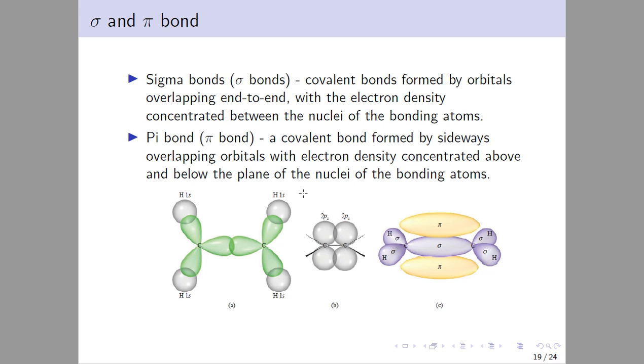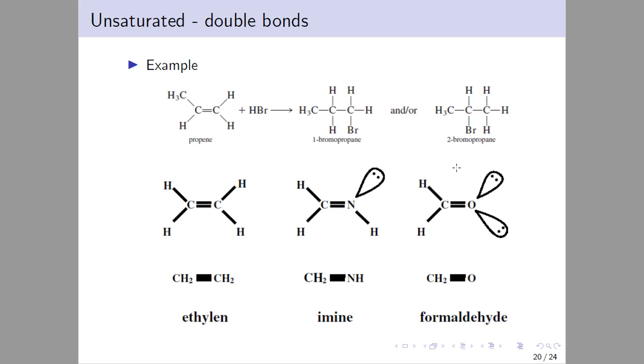And also it means that this H can be substituted with another atom, let's say bromine. So here is an example of an unsaturated bond: propene, C double bond C, plus HBr.